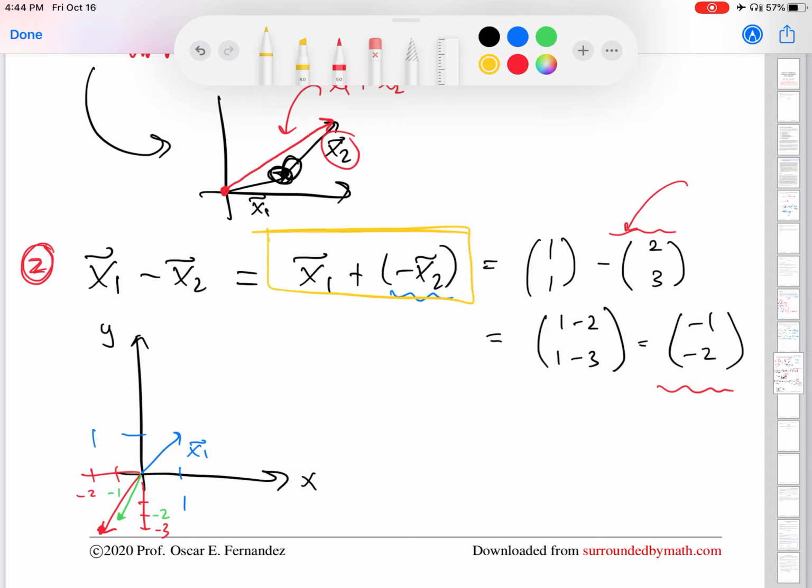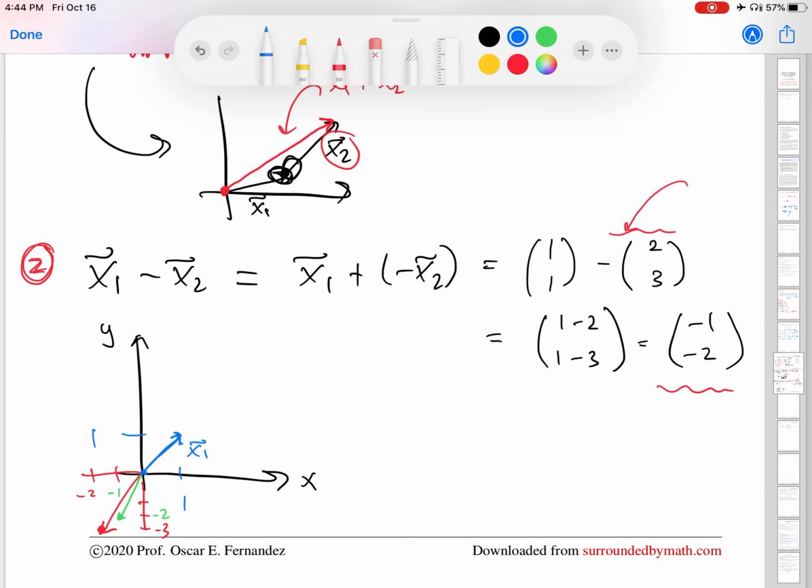but now let's interpret it in this way. All right, so let's start with x1. There we are. And then let's add -x2. Okay, so remember how we said that we were going to do that from the previous explanation. I would start at x1, so I go from the origin to x1.